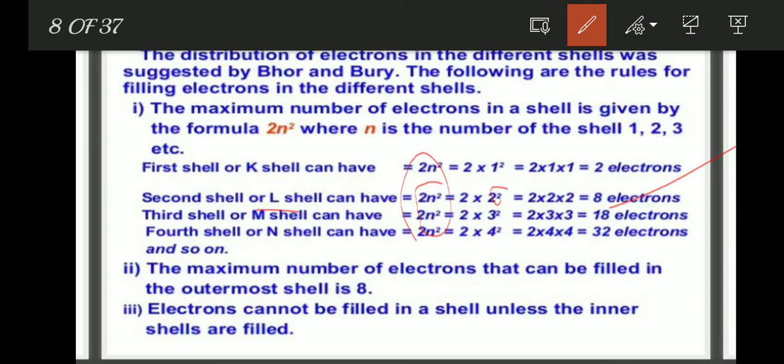Third shell, M shell, can have 2n square, 2 into 3 square, 2 into 9, 18 electrons. Fourth shell, N shell, can have 2n square, 2 into 4 square, therefore 2 into 16, 32 electrons.